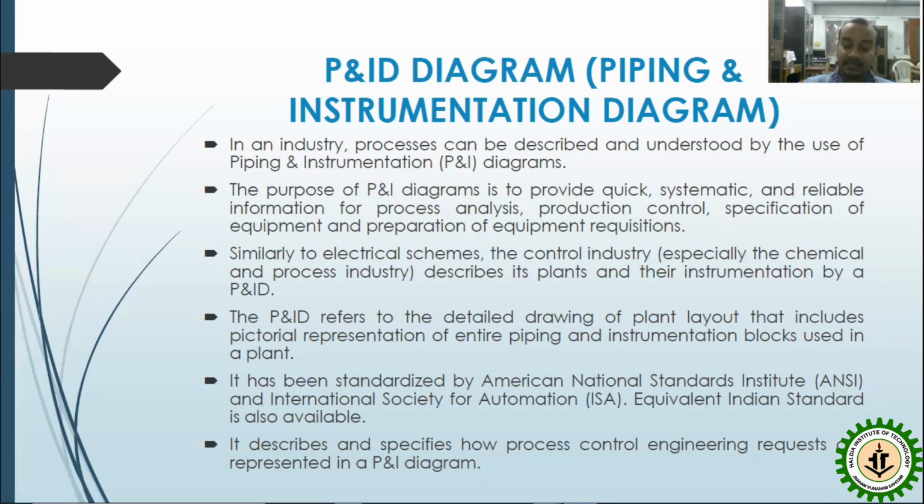They standardized each and every symbol used for the P&ID diagram. Not only the instruments, also the signals. The electrical signal is standardized, the hydraulic signal is standardized, the pneumatic signal is standardized. And in India, we also have the equivalent Indian standard available.